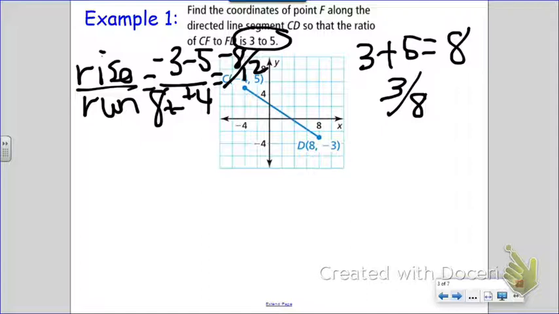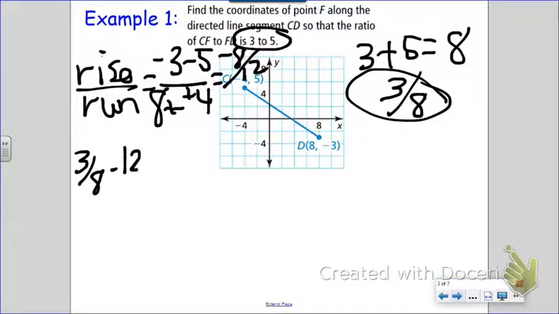So remember, the run is the x, so we're going to take our fraction, 3/8, multiply that by 12, which was the run part of that. That would be 36/8, which is 4.5.